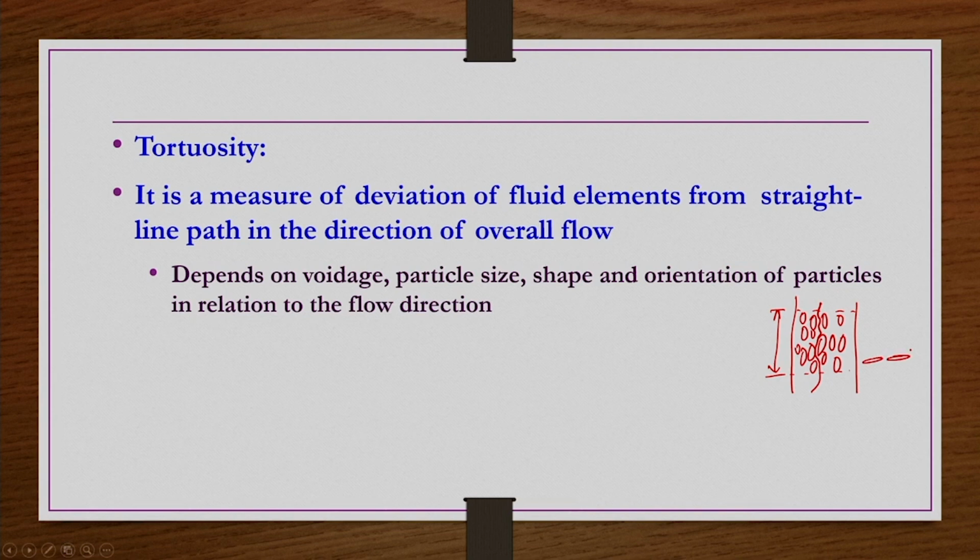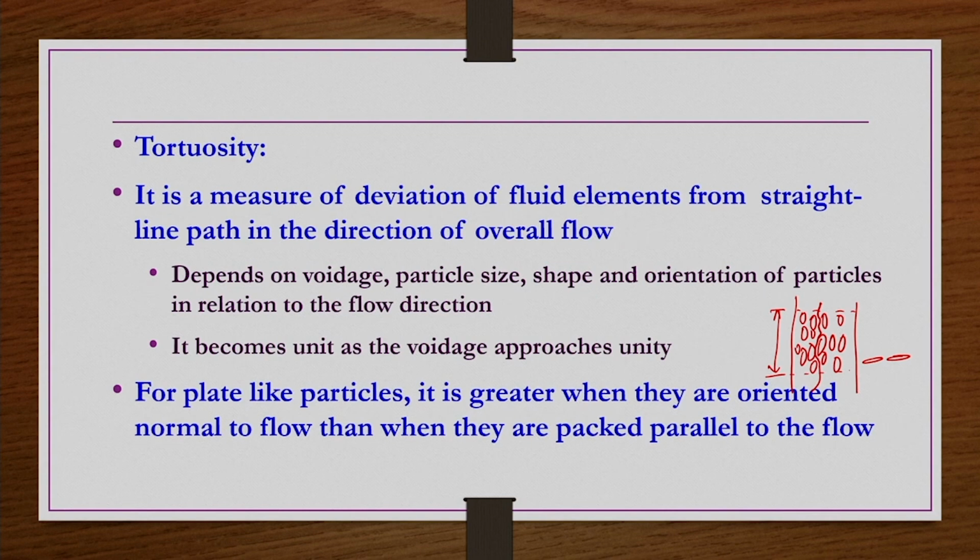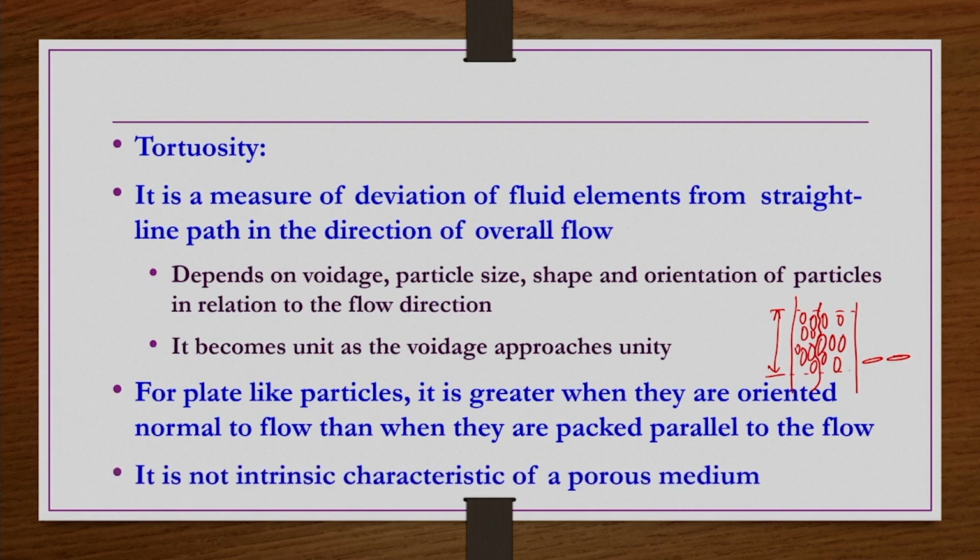It becomes unity as the voidage approaches unity, and for plate like particles, it is greater when they are oriented normal to the flow than when they are packed parallel to the flow, just as explained here. And it is not an intrinsic characteristic of the porous medium.